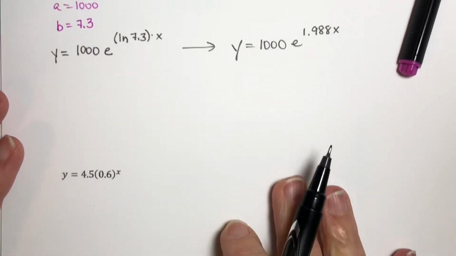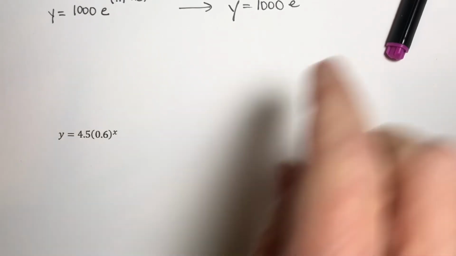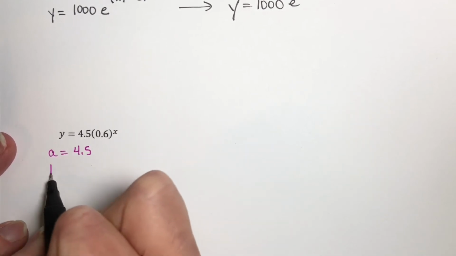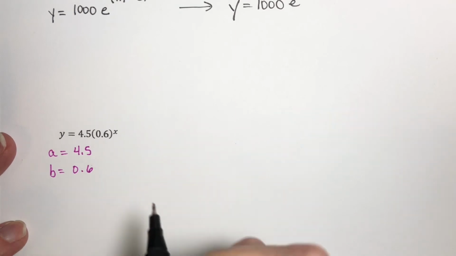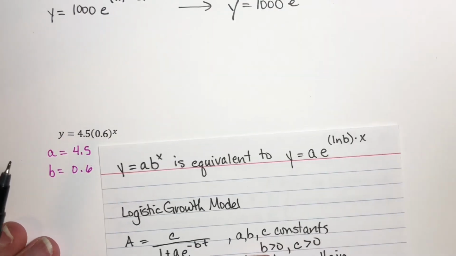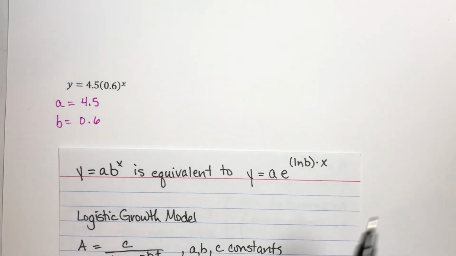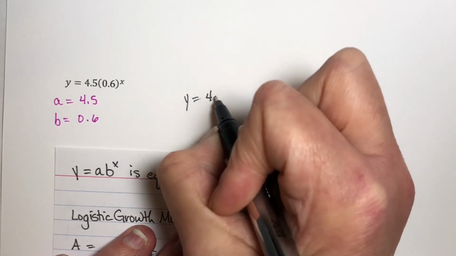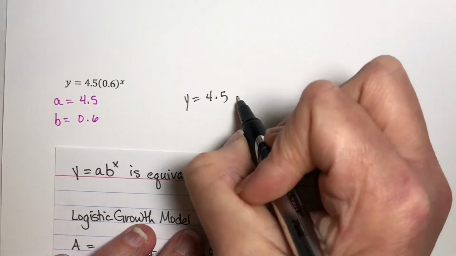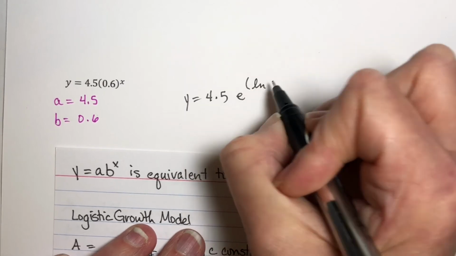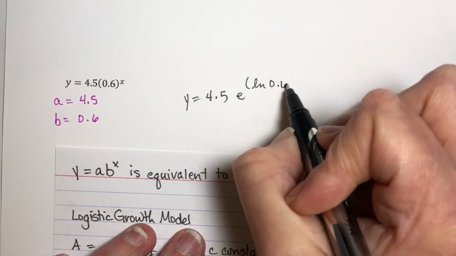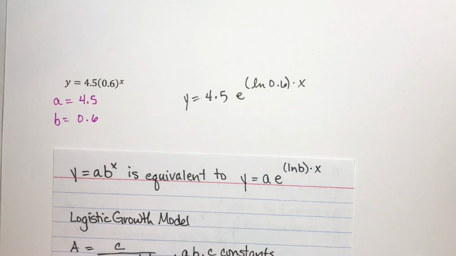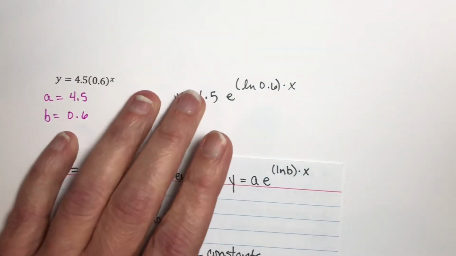Now we're going to do the same thing for this problem. Our a value is 4.5. Our b value is 0.6. So if we use this, we can rewrite this as y is equal to a, 4.5, e raised to the natural log of b, 0.6, times x. This is the first part of your answer. And then they will ask you, of course, to round to 3 decimal places.